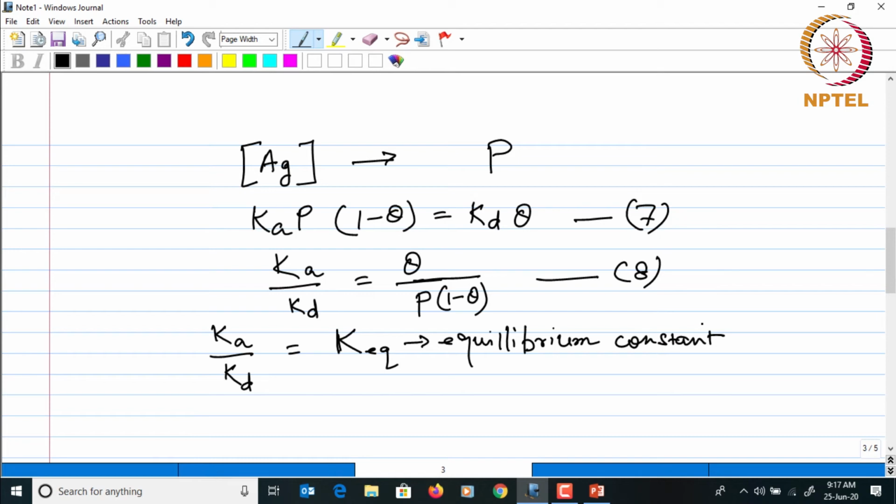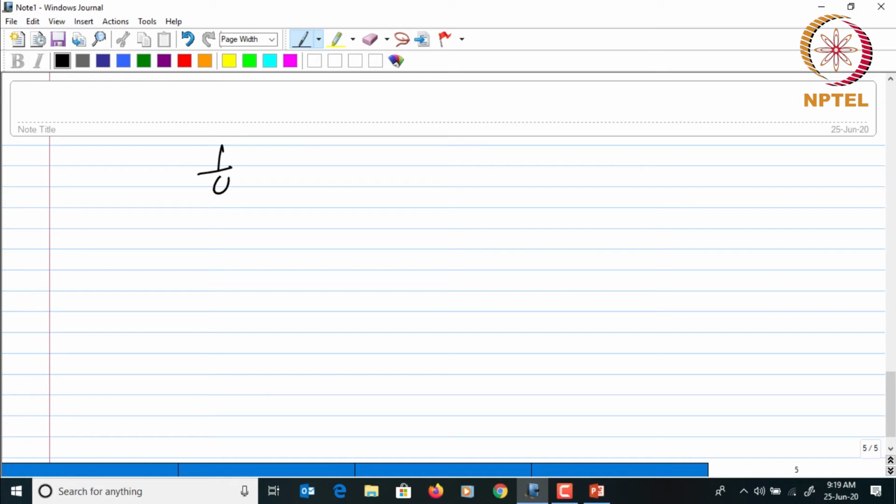All right, and therefore we can write equation 8 as this, and we can again rearrange this as this equation.